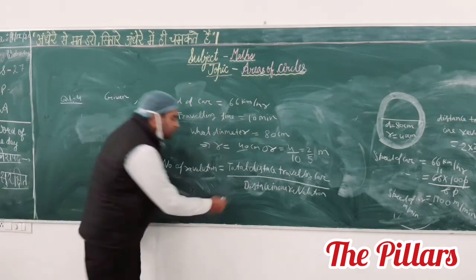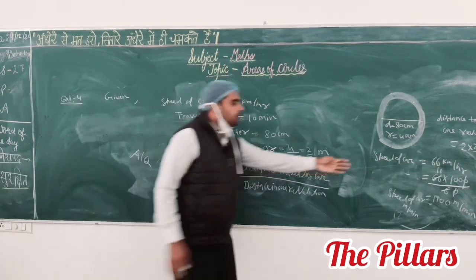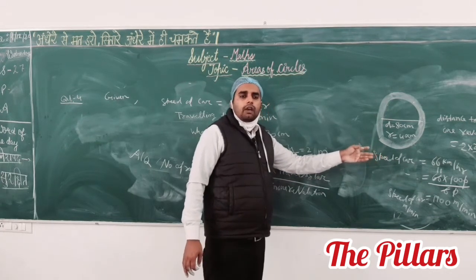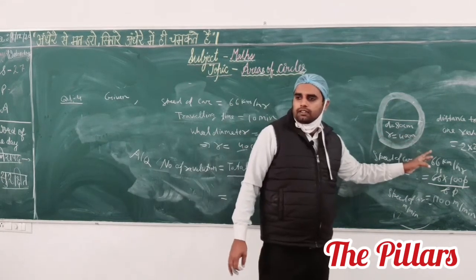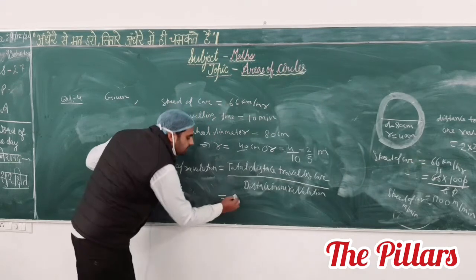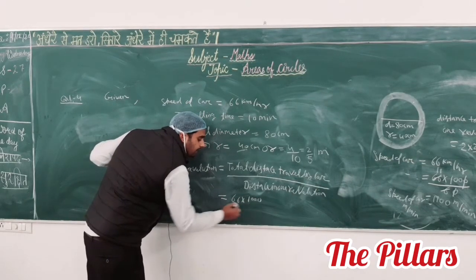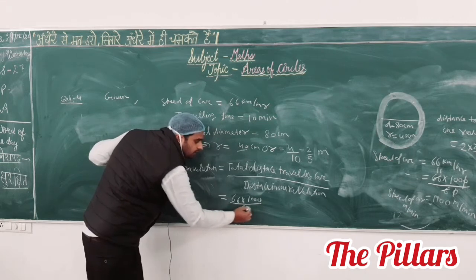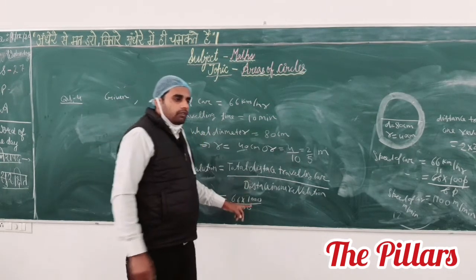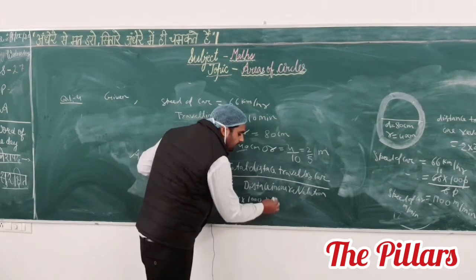You see that we have to convert 66 kilometers per hour into meters per minute. It means 66 into 1000 divided by 60. This into 10 we have to multiply.